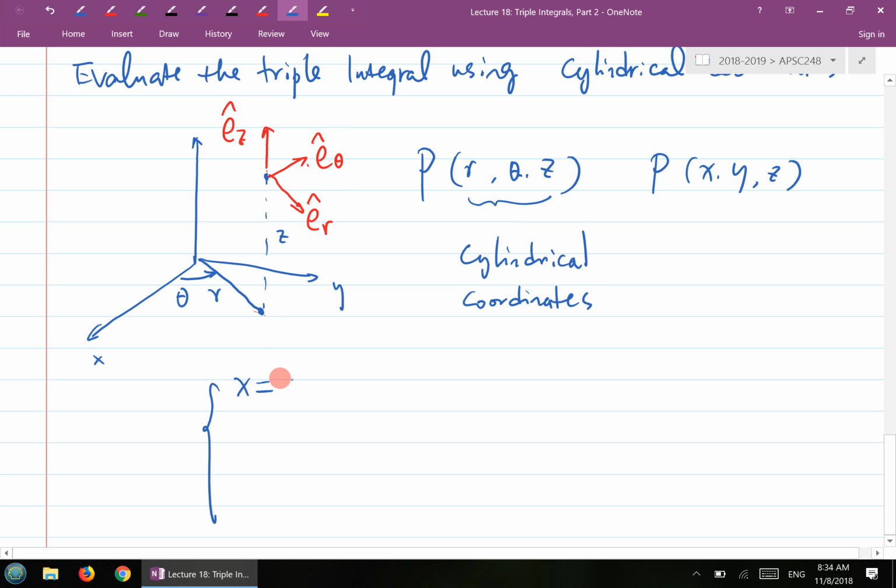So x equals r times cosine theta, just like polar, and y equals r times sine theta. And z, there's no change, still z here.